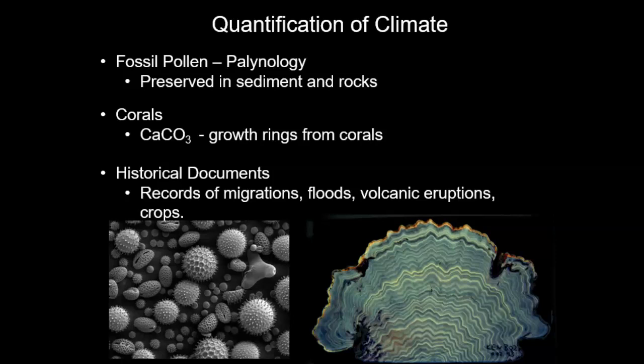Another proxy data are coral rings. Corals, which are invertebrate animals that live in warm and shallow waters in the sea, build their skeletons from calcium carbonate or calcite, which is extracted from the ions that are dissolved in the seawater. Because the skeleton is made out of calcite, stable isotope analysis can be done on the coral rings themselves.